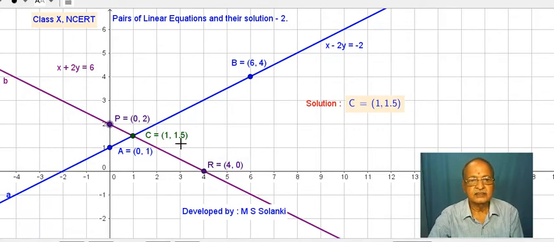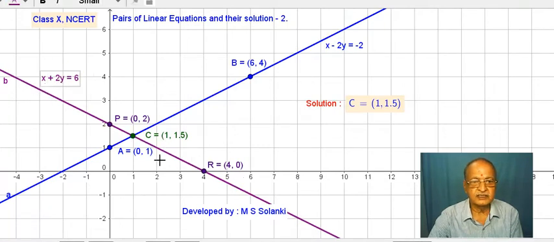You can check x is here. In this case, true values are coming here. The intersection of these two lines is the graphical representation of these equations.